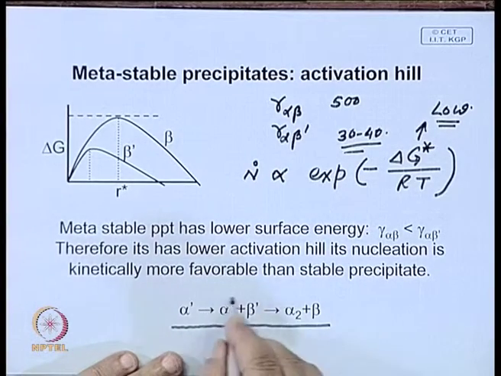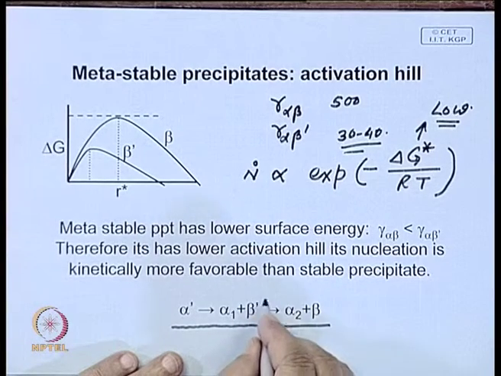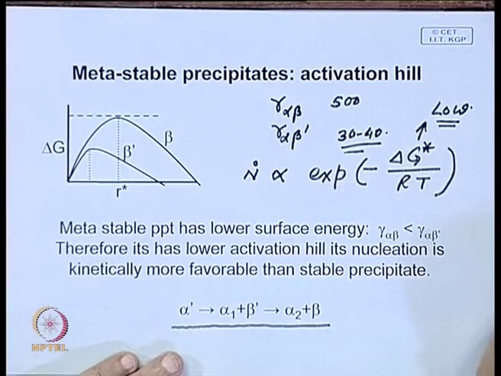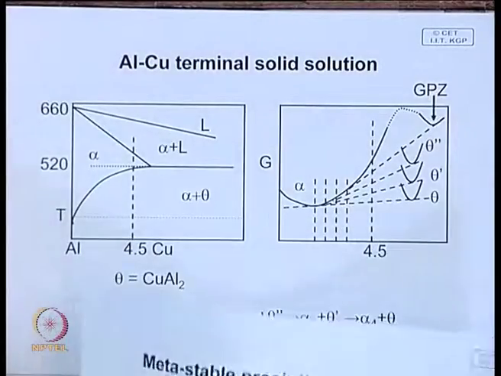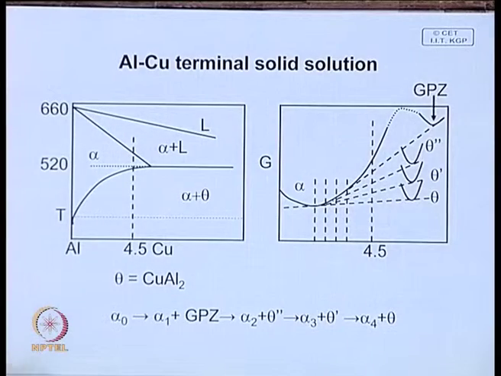Here we have written one, but in many alloy systems there may be multiple intermediate metastable phases. The aluminum copper system has been most extensively studied, and the process of precipitation has been extensively studied in it.